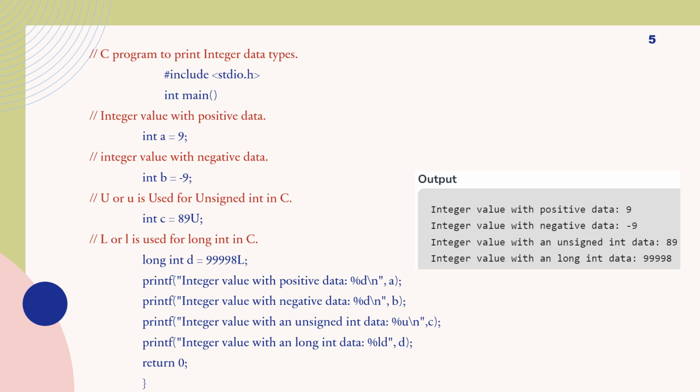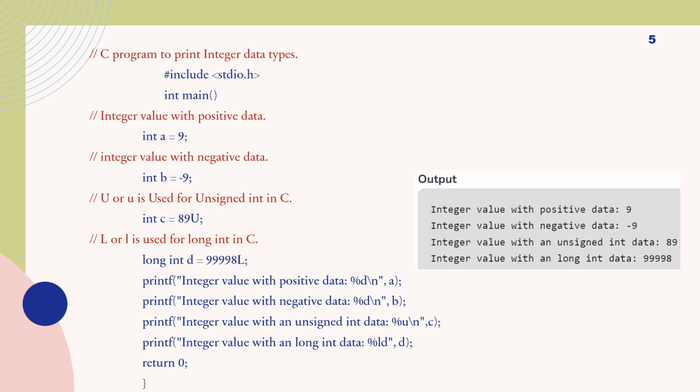Here the integer variables are a, b, and c, and in the first case it is taken as a positive number, and the second case it is taken with a negative value, and in the third case it is unsigned integer data, and the fourth type you have the long integer data. So you can see the representation with the plus, minus, u, and l.